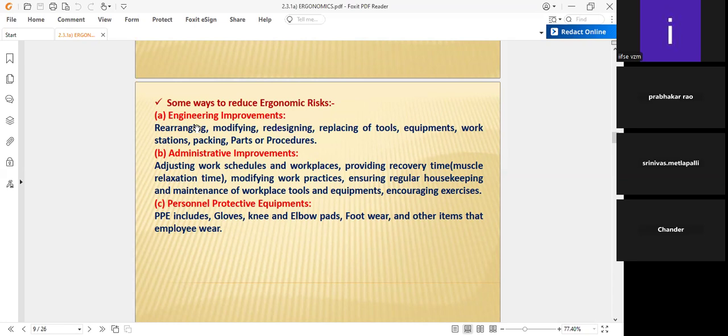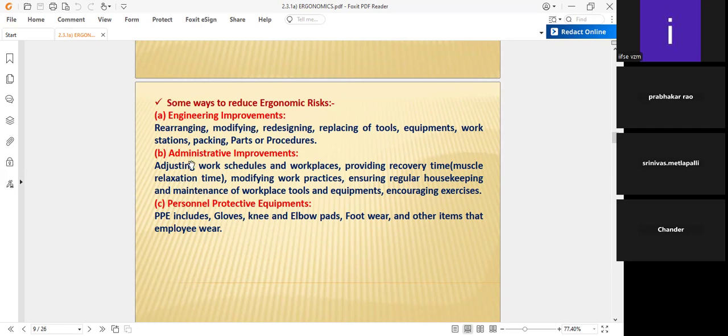All these things will be provided. But the objective is, instead of carrying with the body, engineering improvements will be there to see that ergonomic risk is reduced. Normally, engineering improvement is not taken care of by all organizations. This also will be discussed in the coming slides.